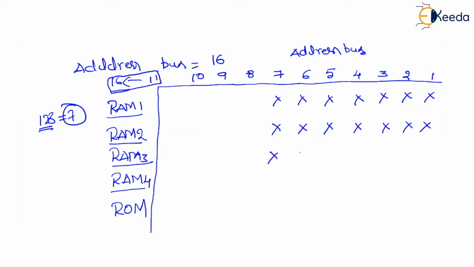Okay, RAM 3, this is RAM 4. The least significant 7 digits will get occupied. 1, 2, 3, 4, 5, 6, 7. Least significant 7 digits will get occupied. So for RAM chips, from 8th digit onwards, all the bits are free.